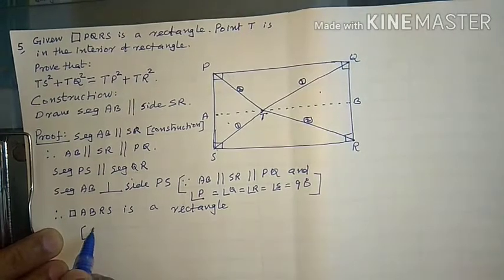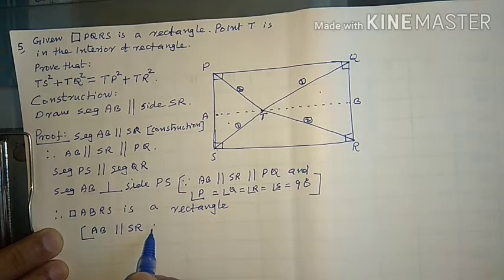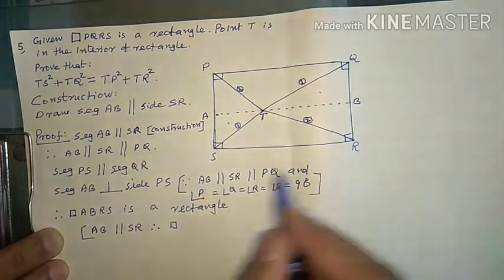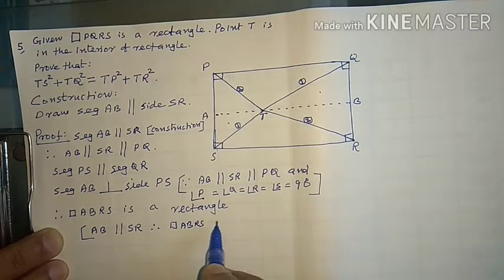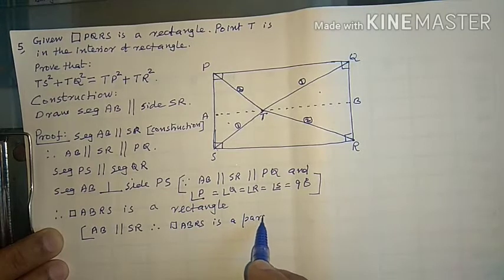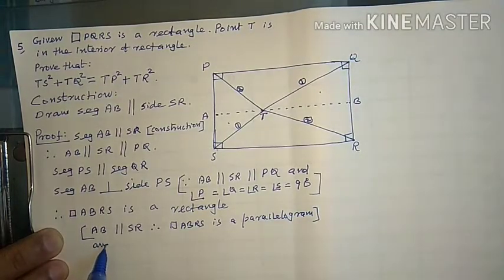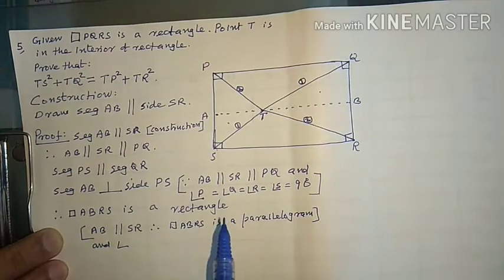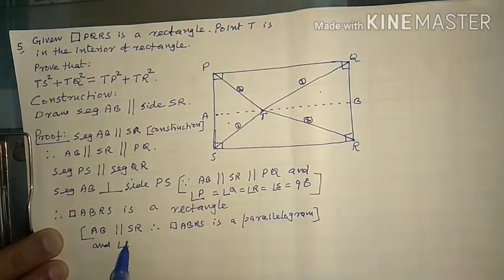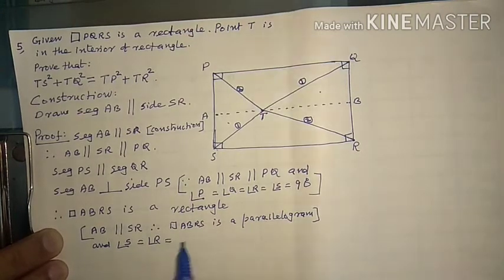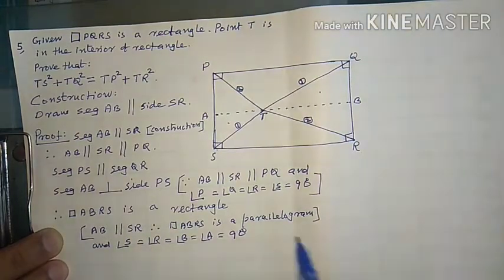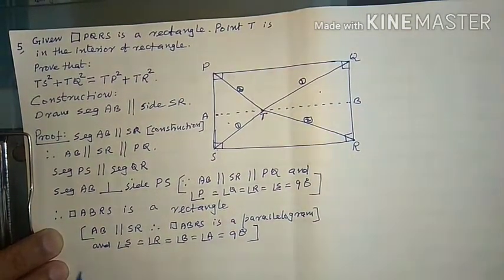Because AB is parallel to SR, therefore quadrilateral ABRS is a parallelogram, and angle S equal to angle R equal to angle B equal to angle A is also 90 degrees.